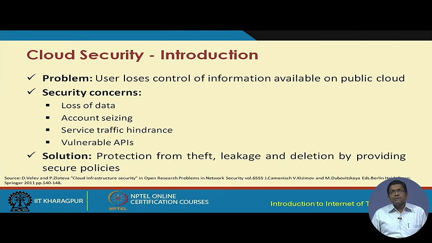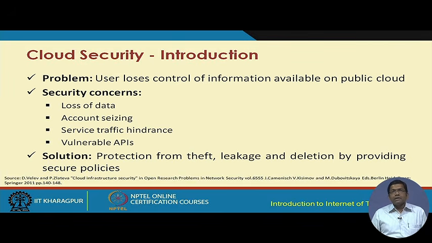So, concerns more specifically about the loss of data, seizing of the account, service traffic hindrance, and vulnerability of APIs are paramount in the case of cloud and the security of cloud. These security concerns have to be taken care of in addition to any other IT security issues that you already know.